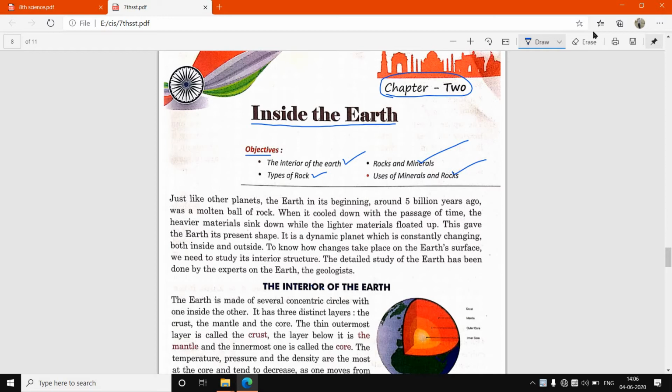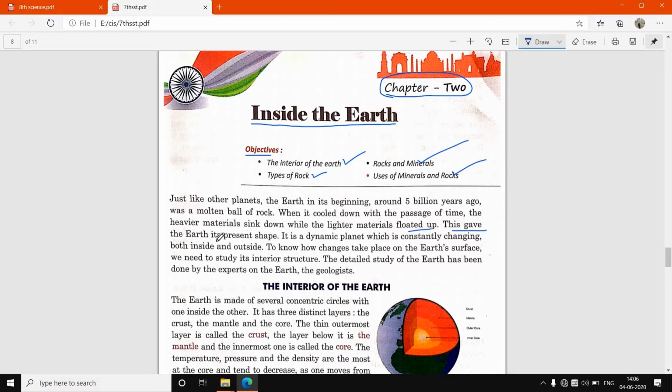Just like other planets, the earth, beginning around 5 billion years ago, was a molten ball of rock. When it cooled down with the passage of time, the heavier material sank down while the lighter material floated up.